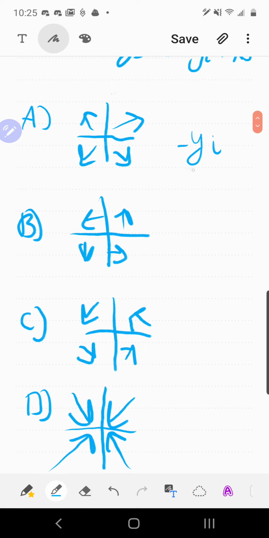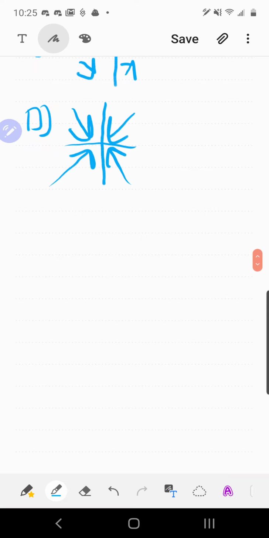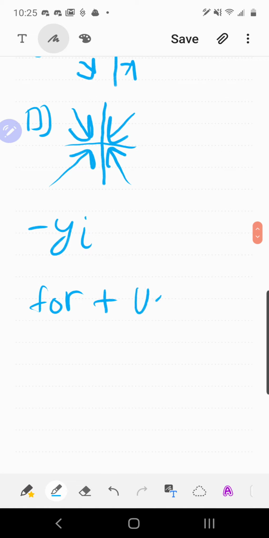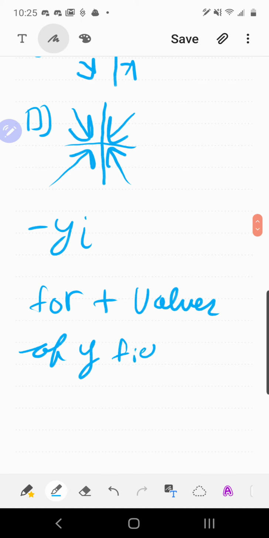Actually, let us instead try to determine what properties our vector field has to have if we have a negative y in the i. So for positive values of y, the field has to go to the left, correct?